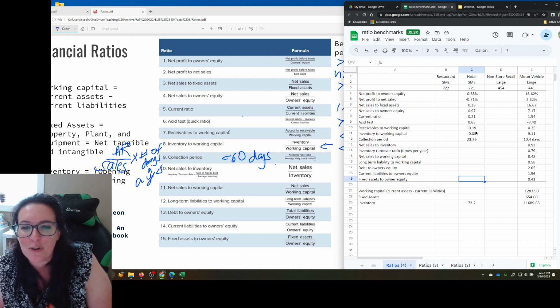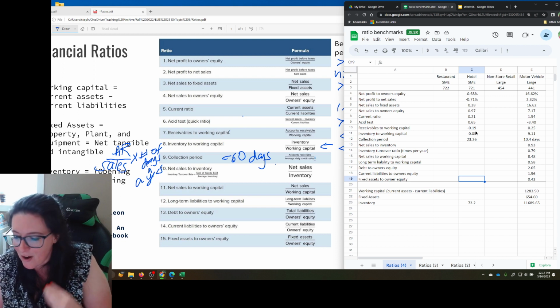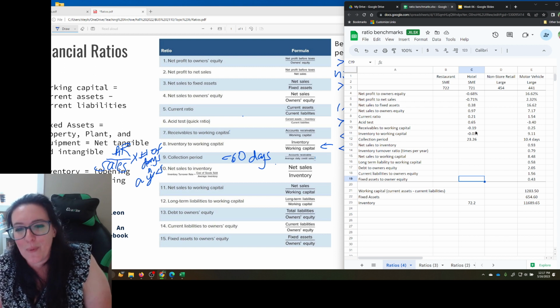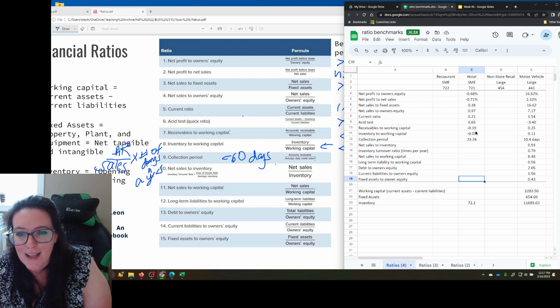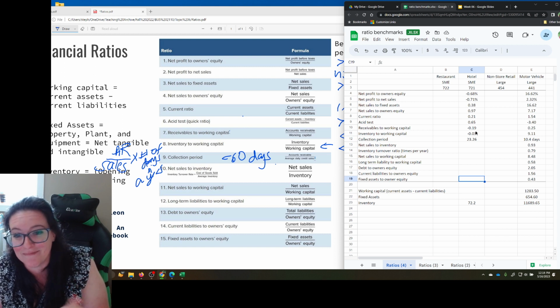And if the inventory sitting there is worth $2 and you sell it and it's gone for $4, then our net sales to inventory is going to be 2. But if we have a number that's less than 1, then the inventory that's sitting there is worth more than the money coming in, which means our inventory is just sitting there.